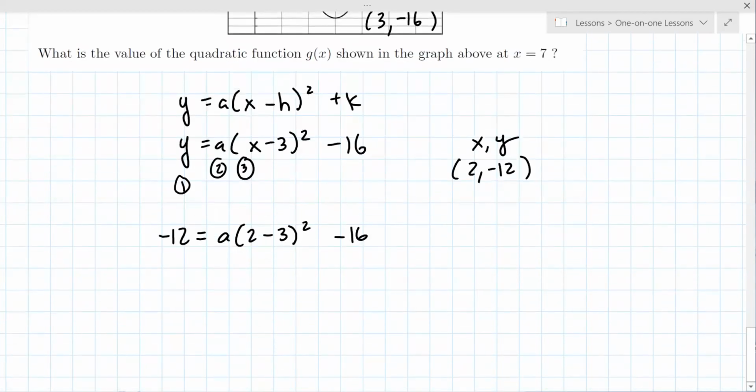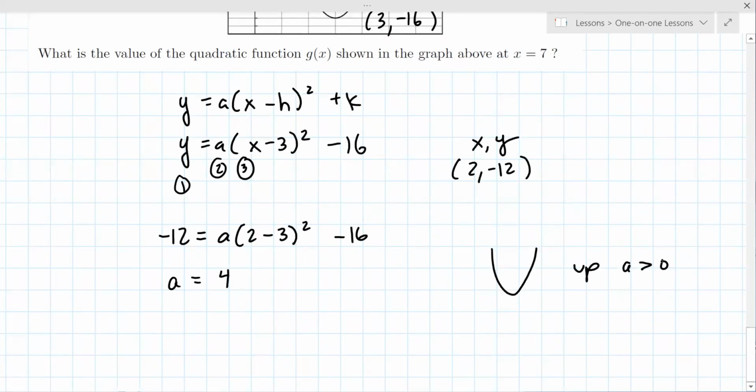So you have to be able to resolve this. This is negative 1 squared, which is positive 1. The more you can do this without having to write it down, the better. So if you just add 16 to both sides, you find that a equals 4. And that makes sense because it opens up, so a should be greater than 0.